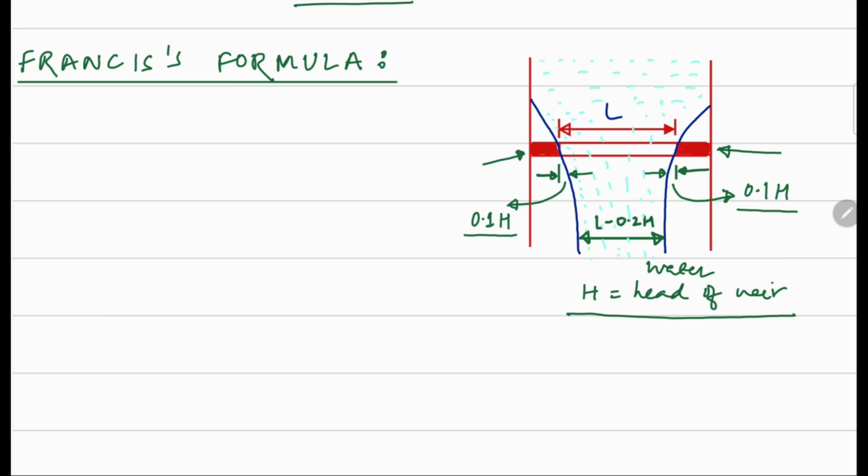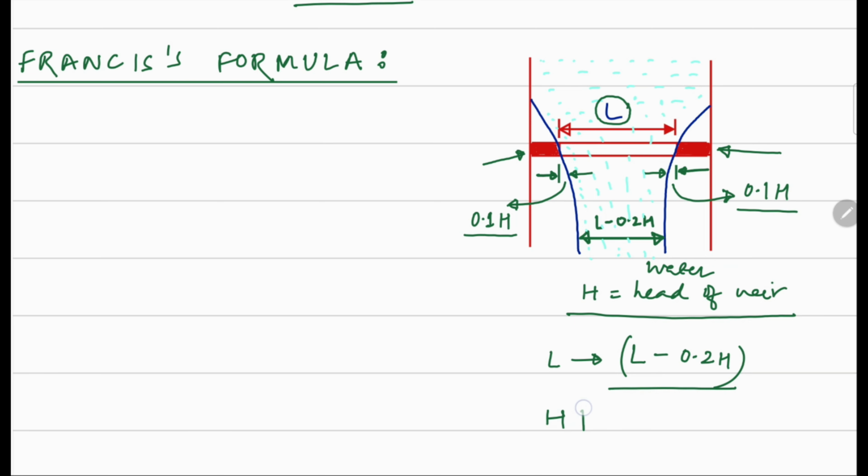Instead of the original length L of the weir, the effective length becomes L minus 0.2 times H.